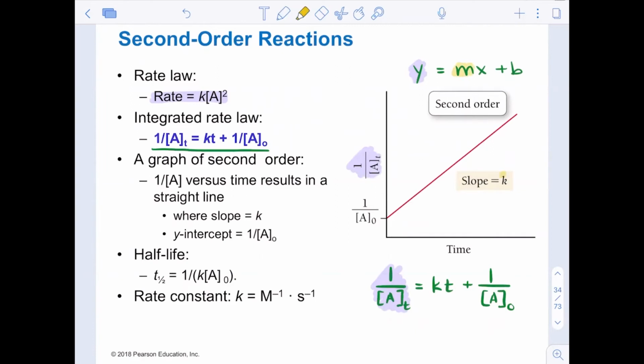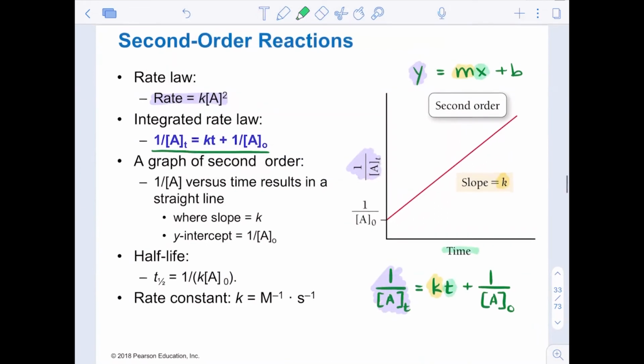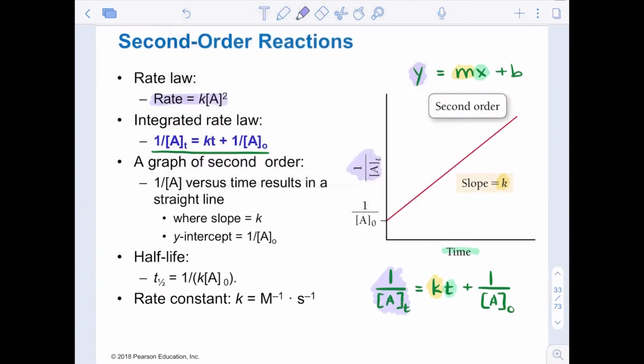The slope is a positive k. On the x-axis, we plot time t, and in a different color, b, the y-intercept is 1 over A initial. All right.